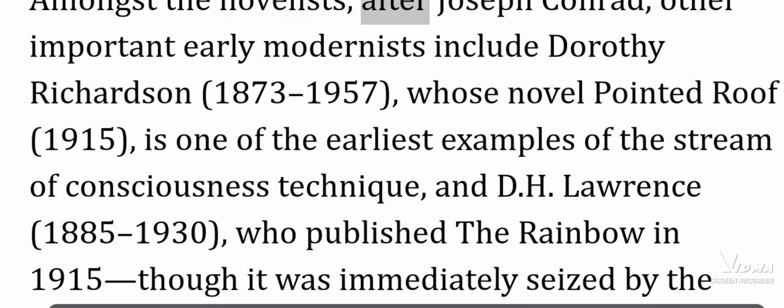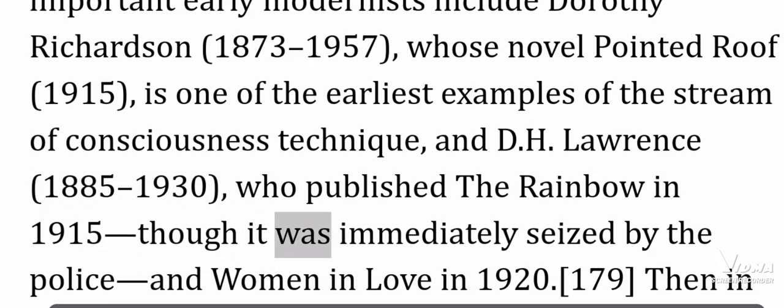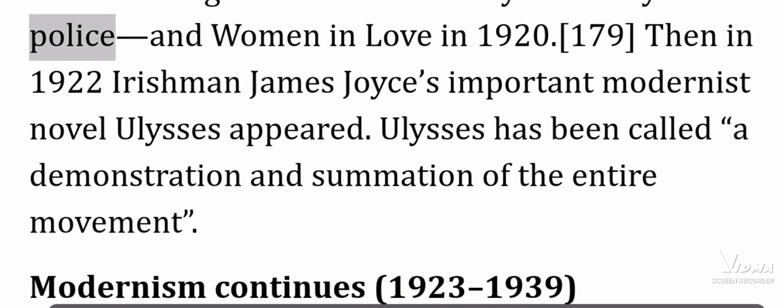Amongst the novelists, after Joseph Conrad, other important early modernists include Dorothy Richardson, 1873 to 1957, whose novel Pointed Roofs, 1915, is one of the earliest examples of the stream of consciousness technique, and D. H. Lawrence, 1885 to 1930, who published The Rainbow in 1915, though it was immediately seized by the police, and Women in Love in 1920.